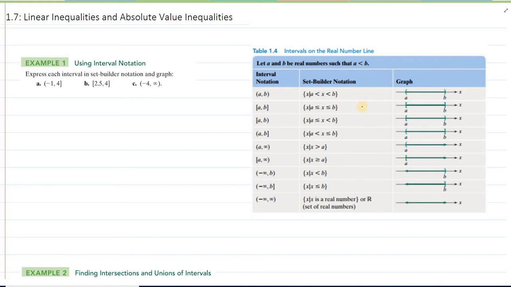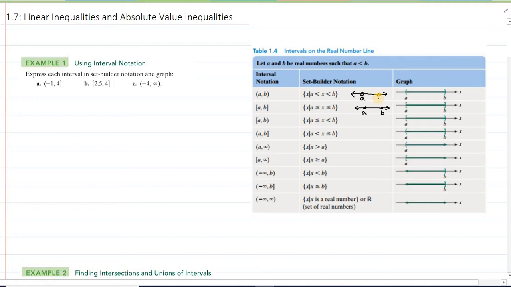In the past, you might have learned that if we have a graph like this, you have the number line, and the solid circle means including. And then we have something like this, the first one, which is an open circle, and that means excluding.